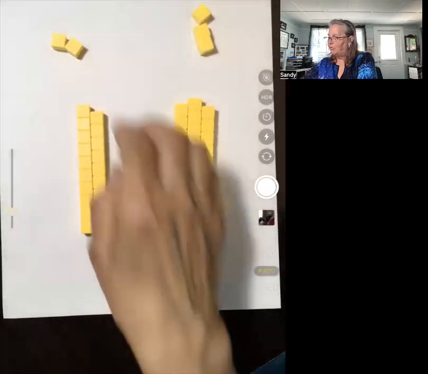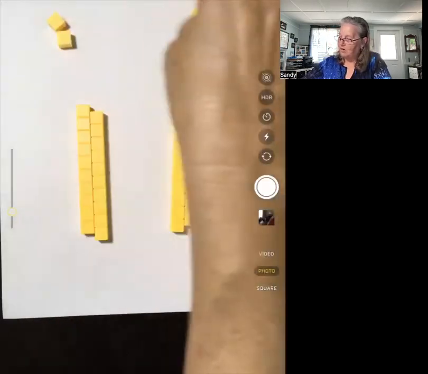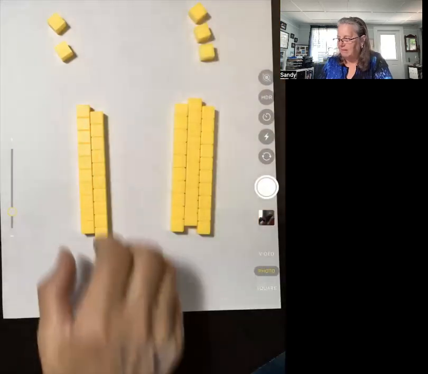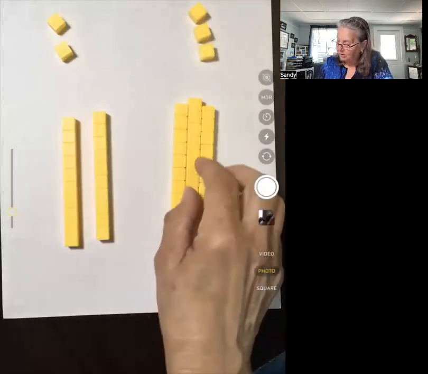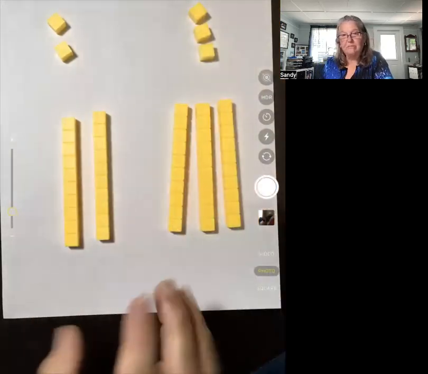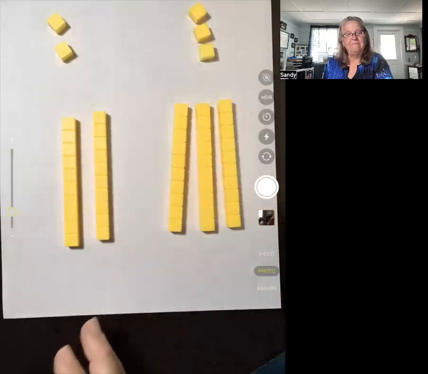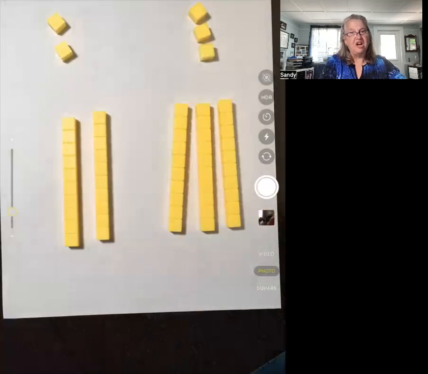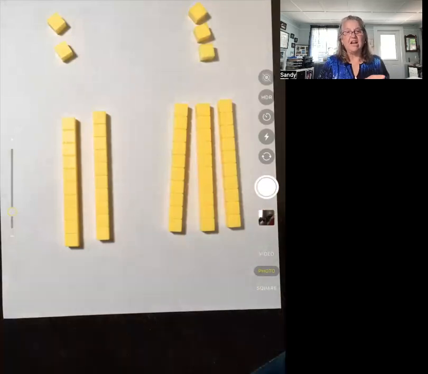So we use what they do with ones in grade 1, and we get them very comfortable. And then by purposefully selecting certain materials, certain models, we can bridge them up to working with larger numbers, because it's all about patterns. It's not about columns. It's about the size of the unit that they're working with.